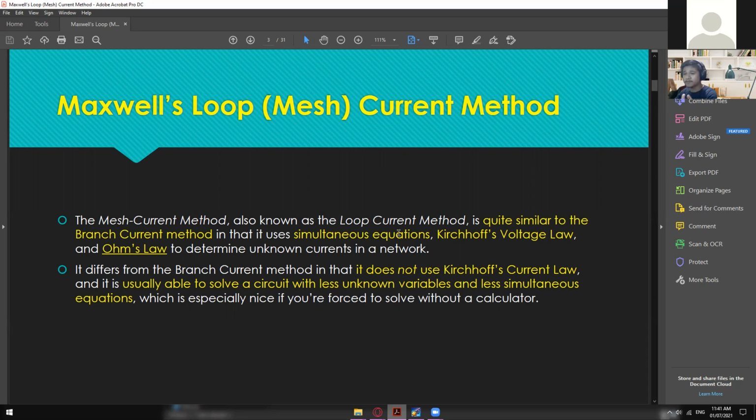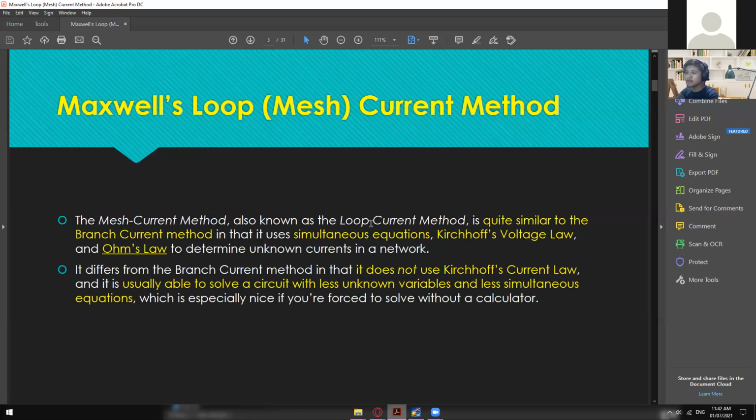I would say that again, 80% of the computation is super similar to Kirchhoff's laws. It's just that this one doesn't use KCL. This one is only using KVL, but with additional things in it. So later on, you will see the difference between Kirchhoff's and Maxwell.